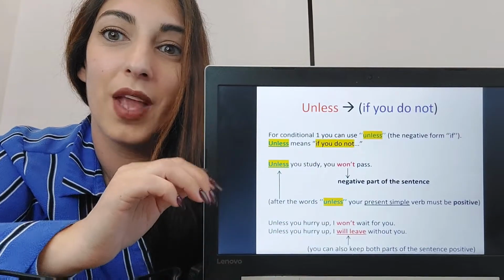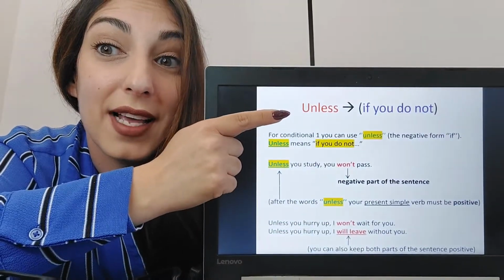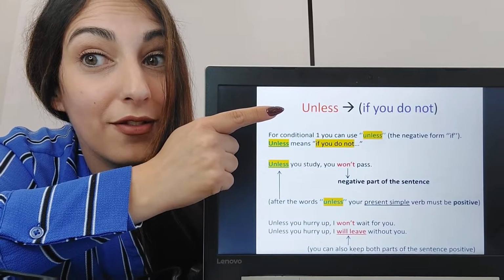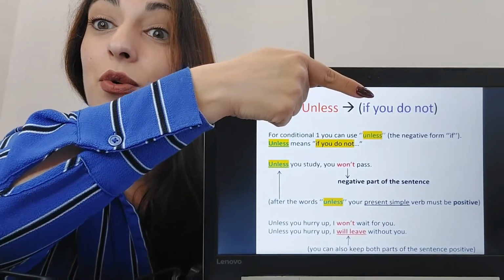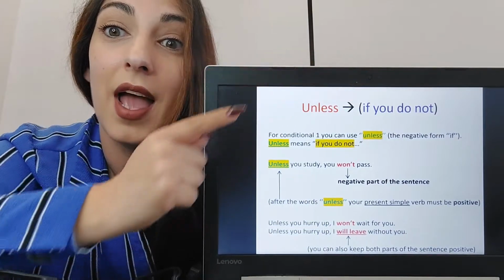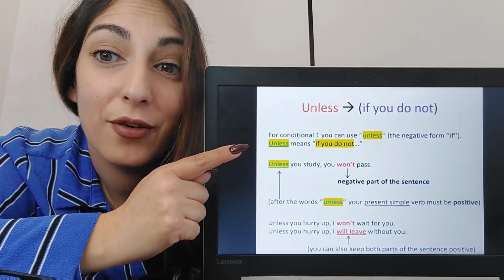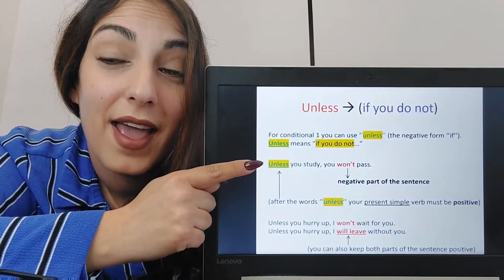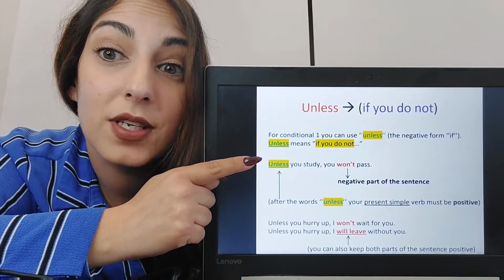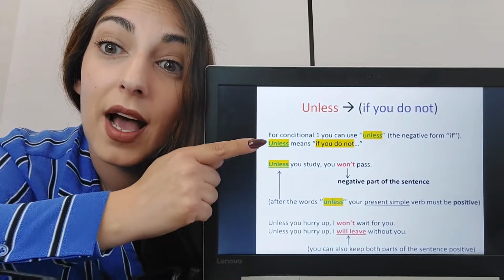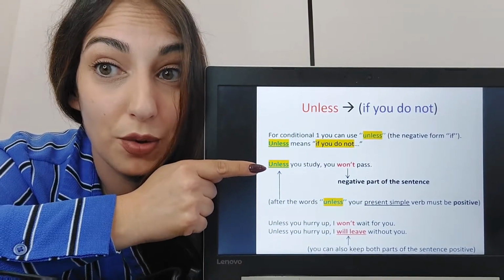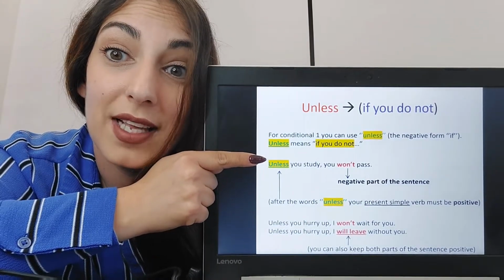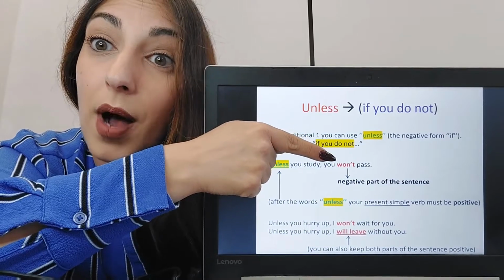Let's move on. I can also use the word unless instead of the word if, but it's negative. It means if you do not do something. And you have to be careful because unless is always followed by a positive verb. For example, look here, unless you study, this means the same as if you do not study. So unless you study, you won't pass.